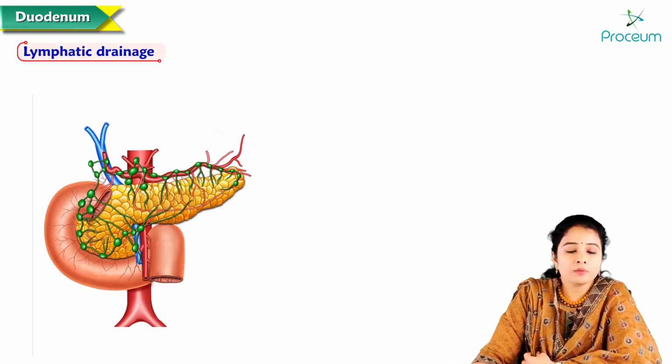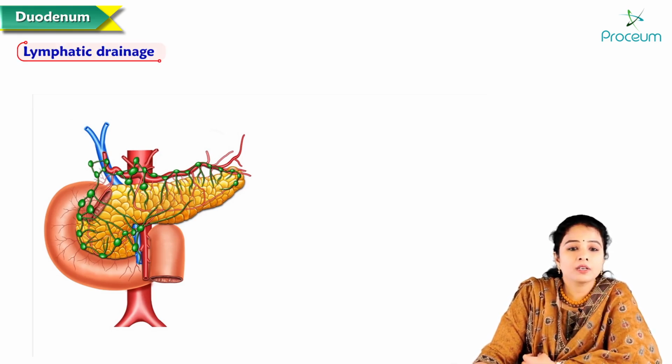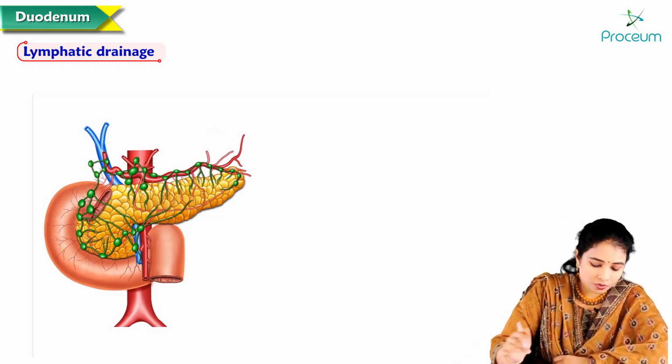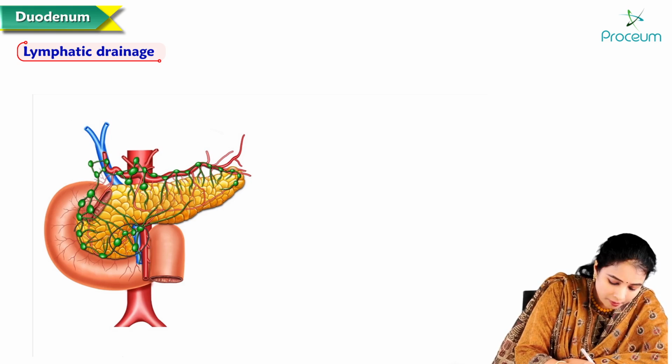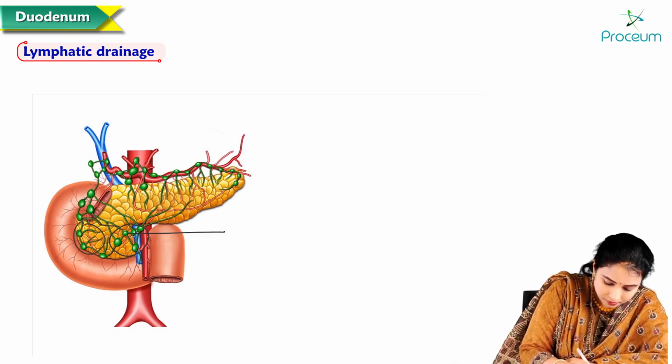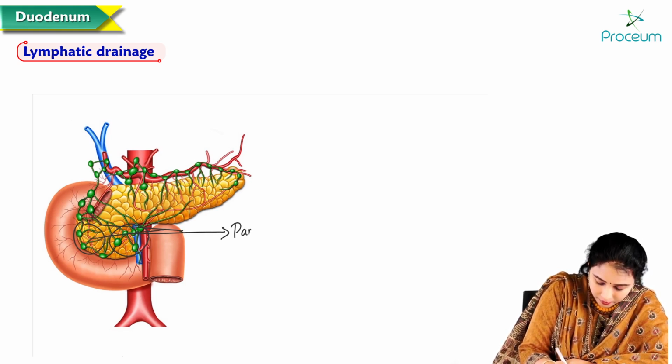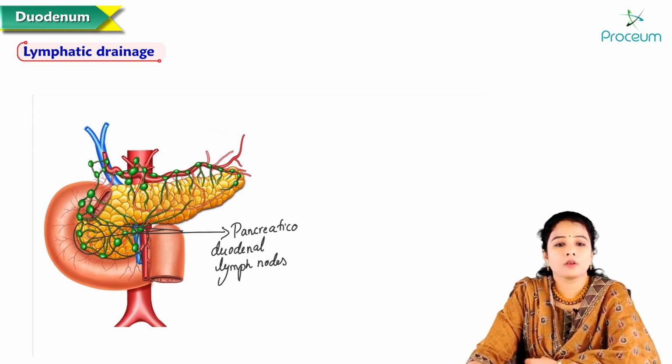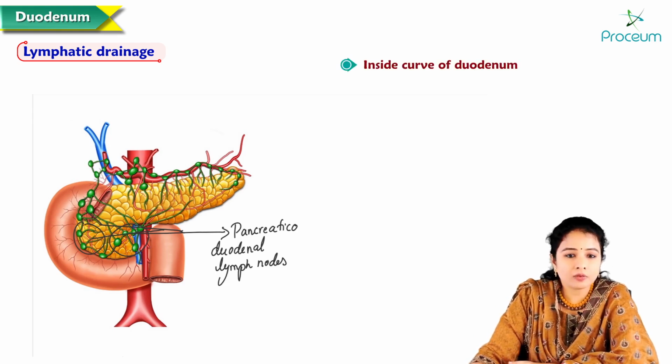Lymphatic drainage of duodenum. Most of the lymph from the duodenum drains into pancreatico-duodenal group of lymph nodes. So most of the groups are here. These are all pancreatico-duodenal lymph nodes, which are along the inside curve of duodenum.